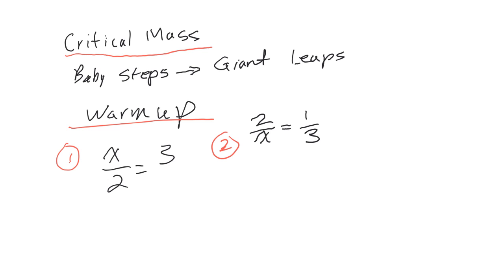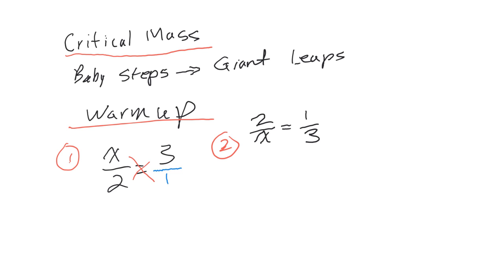All right, for question number 1, we're literally going to look at x over 2. And anytime I see x over 2, I have to think about cross multiplying. So in this case, we're going to write this over 1, and then all we're going to do is cross multiply.